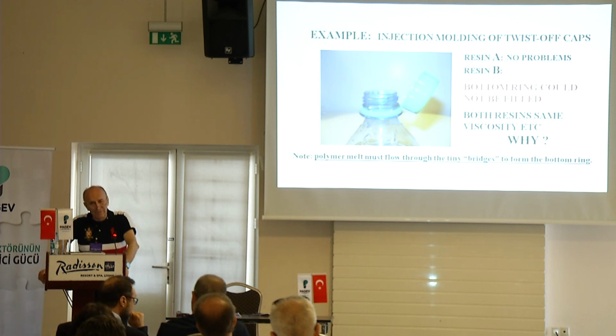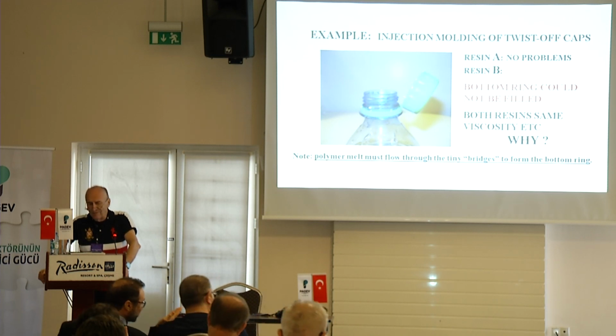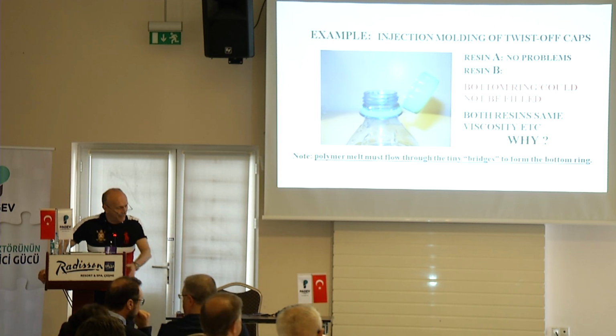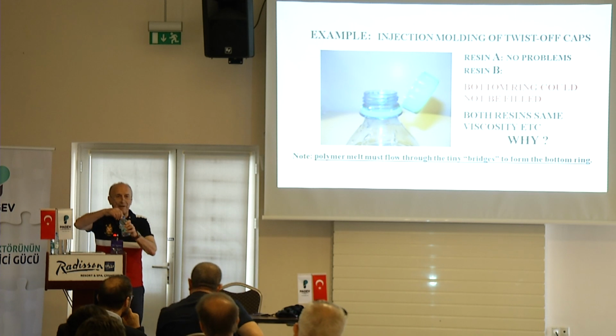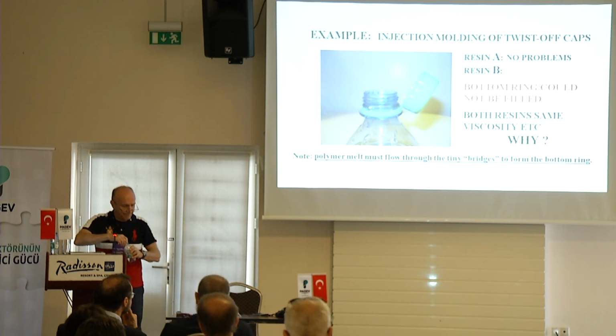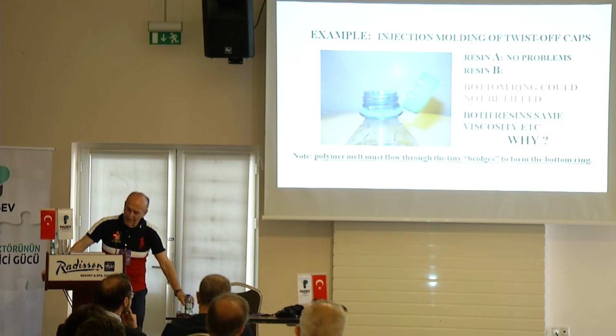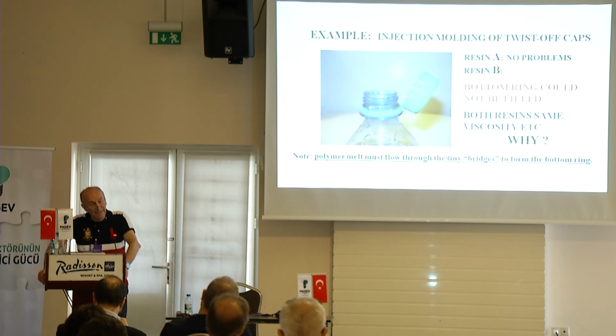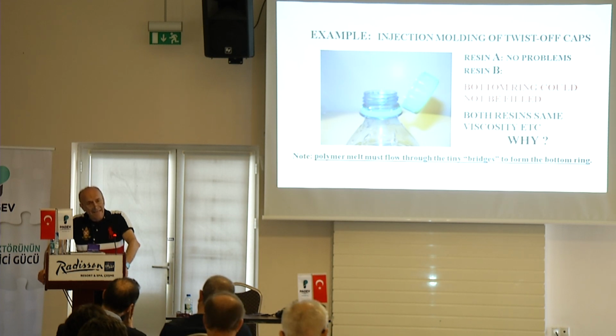They gave the second resin, and no injection molding machine in the plant for producing those twist-off caps could function. All right? Both resins, resin A and resin B, had about the same viscosity.